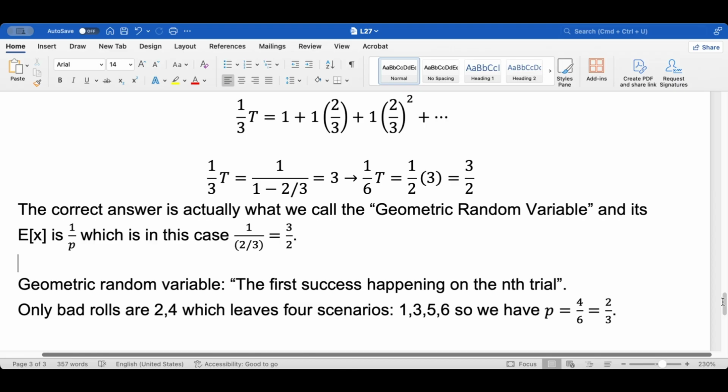But one way to get this probability is to look at it from the viewpoint that 2 and 4 are the bad rolls here, and the rest of the rolls, 1, 3, 5, and 6, are successes in some sense. And so that leaves you with the probability of success of 4 over 6, or 2/3, and then the 2/3 gets flipped over to 3 over 2.